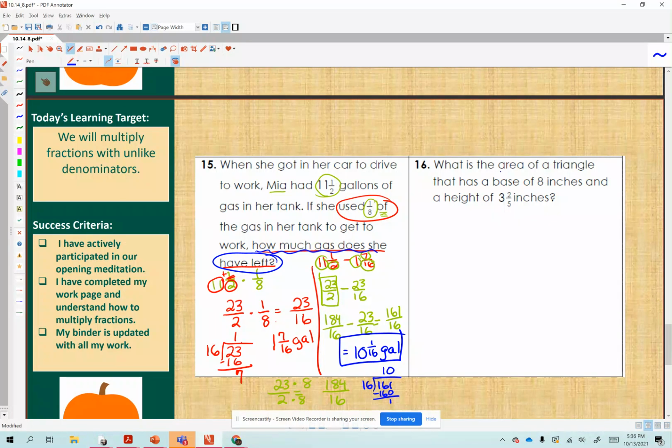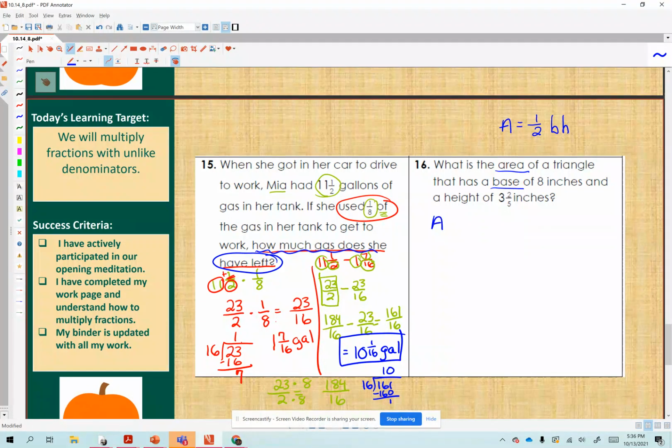Finally, in number 16, what is the area of a triangle that has a base of 8 inches and a height of 3 2/5 inches? Well, you need to know the formula for the area of a triangle, which is the area of a triangle equals 1/2 base times height. So the base is 8 inches.